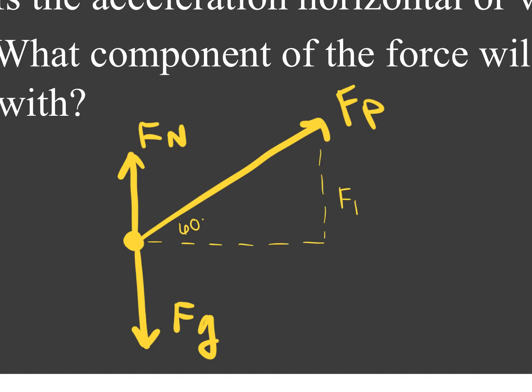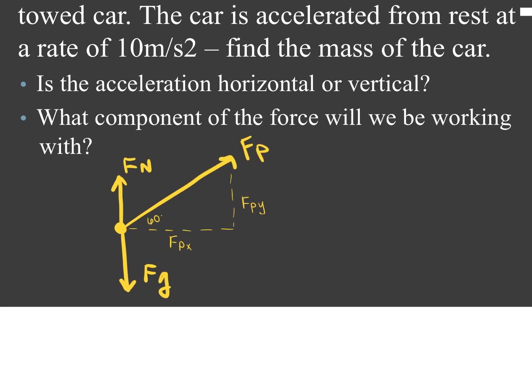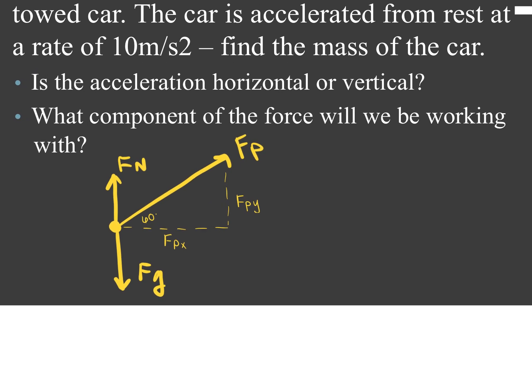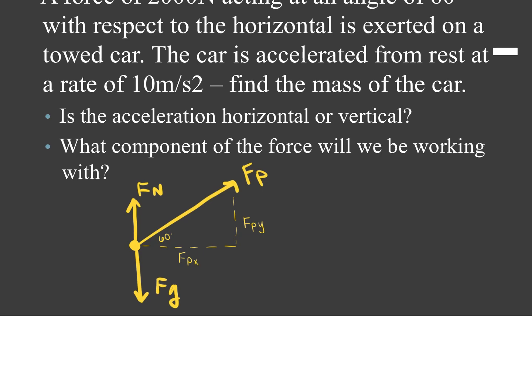I might call this force pull Y and force pull X. Okay, our goal, it says it's accelerated from rest at 10 meters per second squared. Find the mass of the car. So our goal is to find mass.